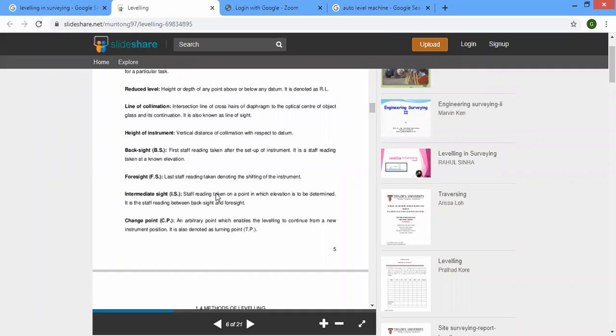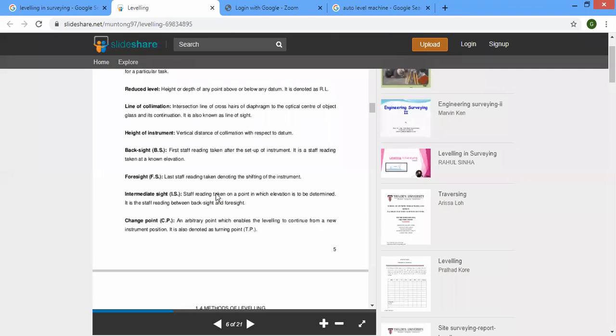Foresight is the last staff reading taken, denoting the shifting of the instrument. Whenever you are shifting your instrument from one point to another, the reading you take before shifting has to be written as foresight.